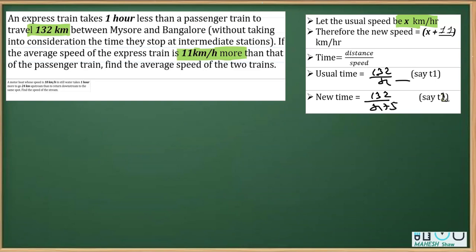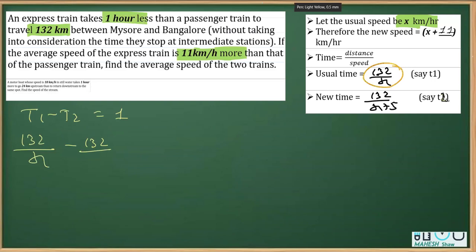Here also I can see that the smaller the speed, the greater the time taken. So we can conclude here that T1 is bigger. So I'll say that T1 minus T2 is the difference in time, and the difference in time is 1 hour, equal to 1. So this is 132 over x minus T2, which is 132 over x plus 5, equals 1.